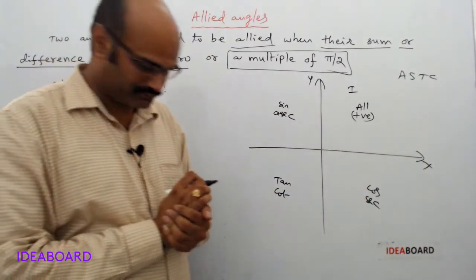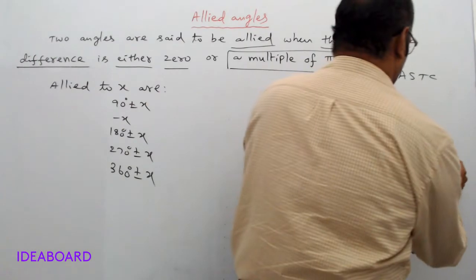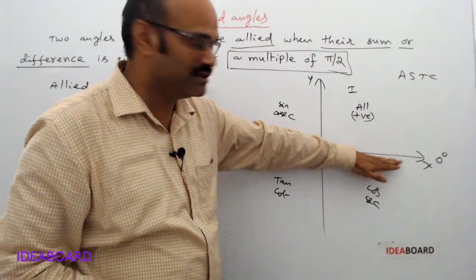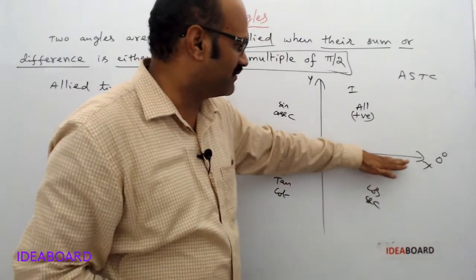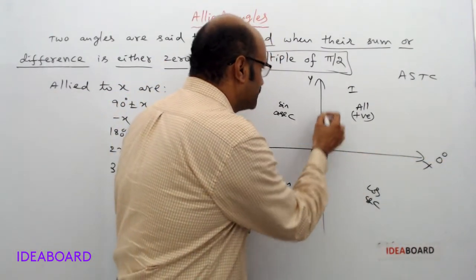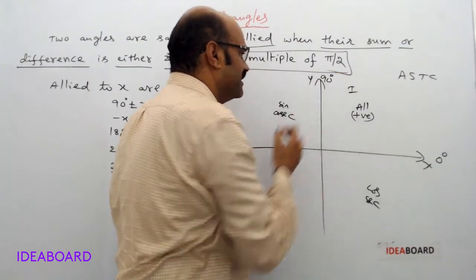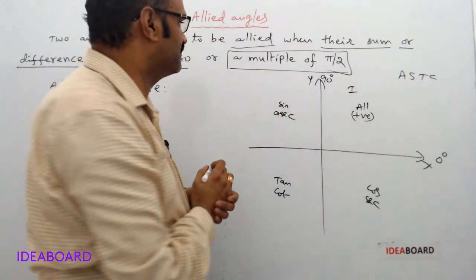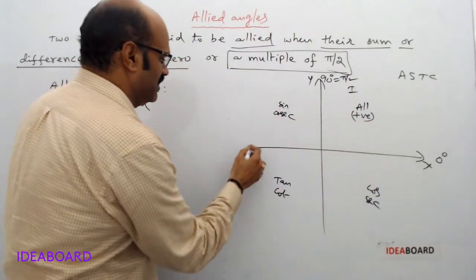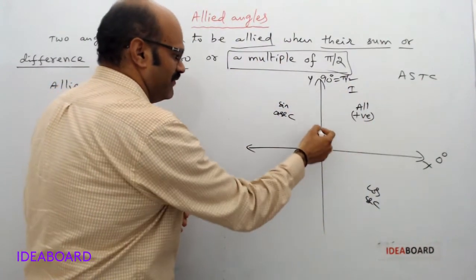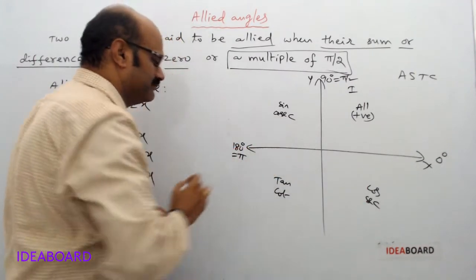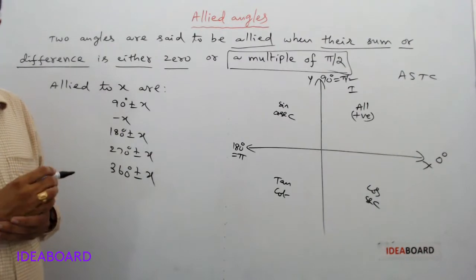Now here we have 0 degrees. Let the revolving line start from here. Whenever it starts from here, 0 degrees, when it comes from this place to this place, it makes an angle of 90 degrees. 90 degrees means we have pi by 2. When it reaches this place, it becomes 180 degrees, equal to pi.